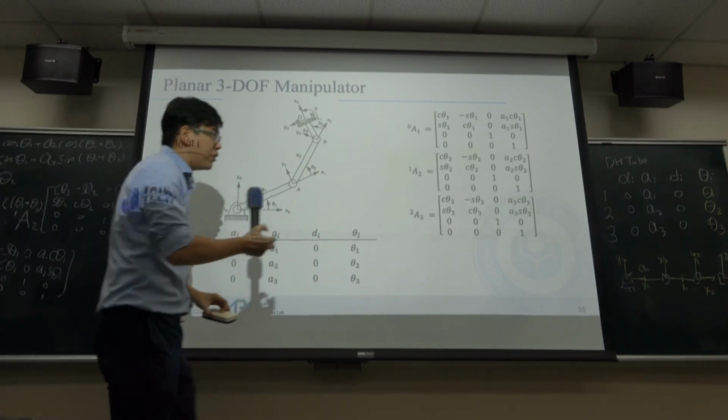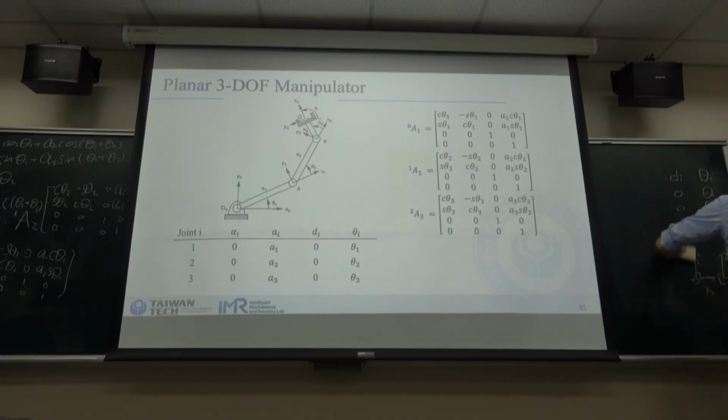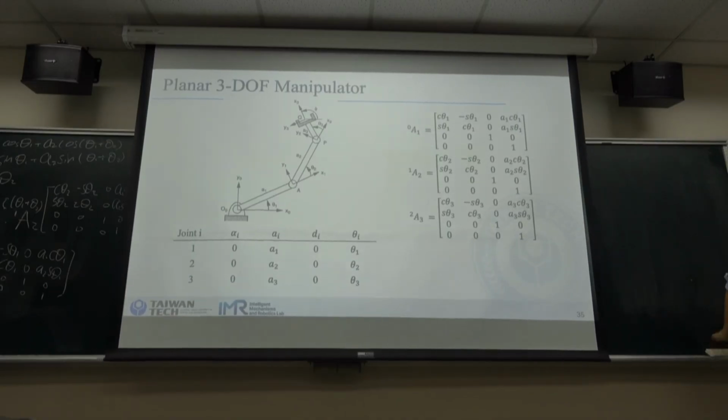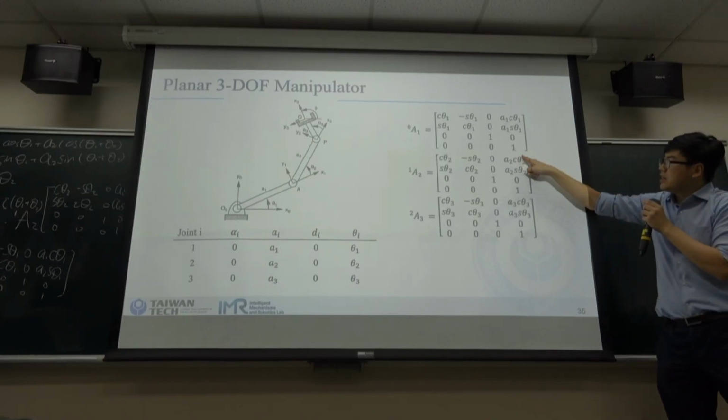Or we can have more space here to check. So we multiply these two matrices together and check the Px.